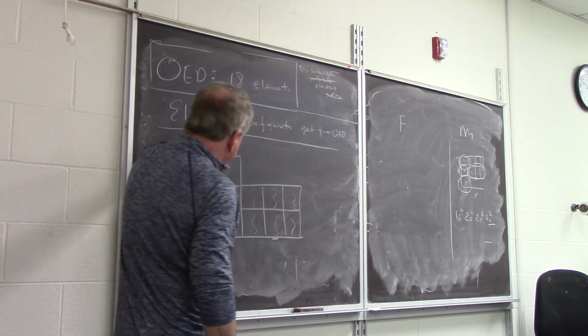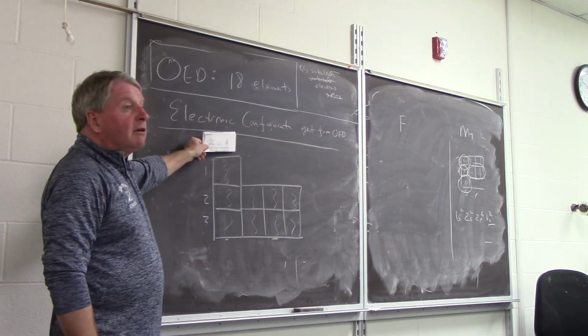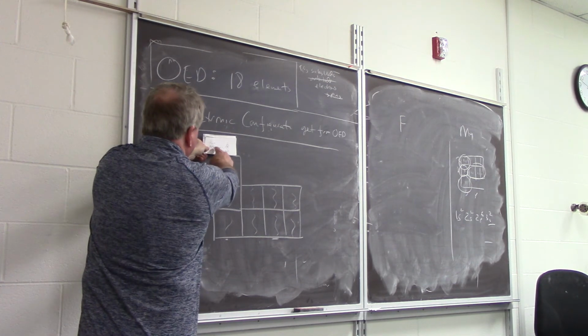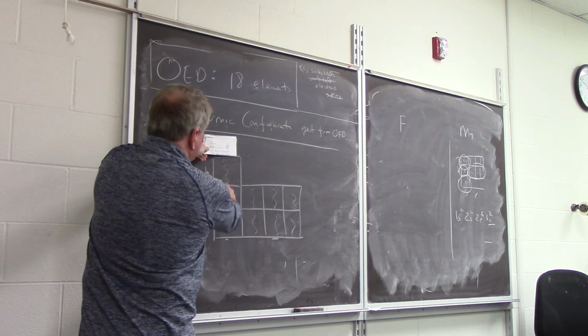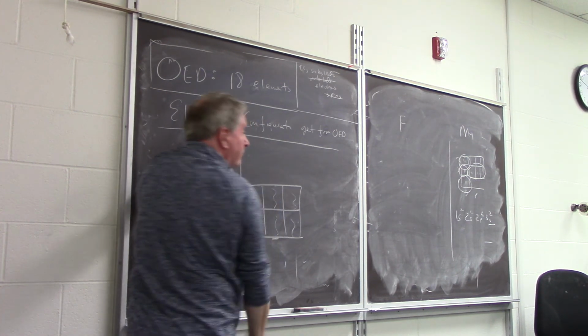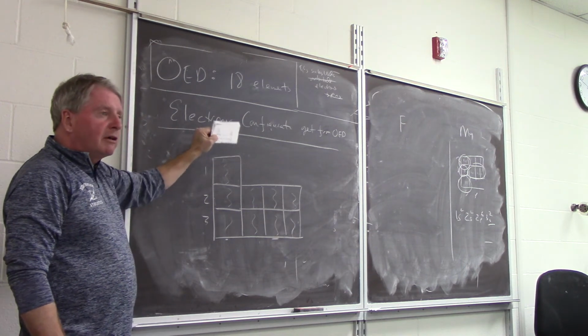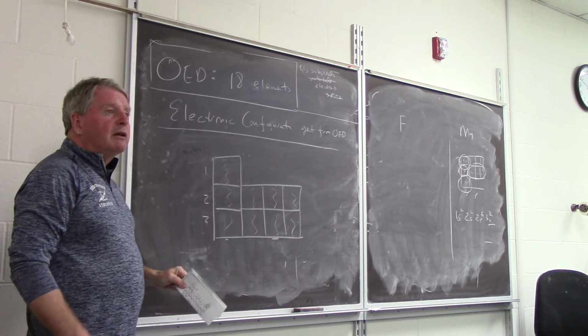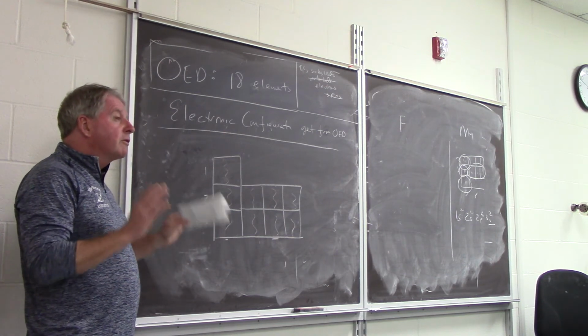If you look at these two, they're almost identical. You have the hydrogen, helium, the lithium, the beryllium, carbon, nitrogen, and so forth. So the periodic table has the orbital energy diagram in it, kind of. It doesn't work completely.